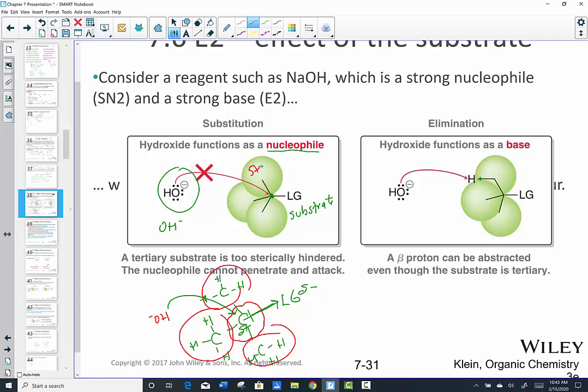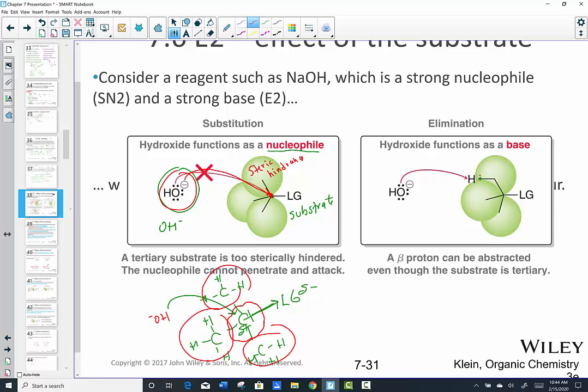So this is sterically hindered, and therefore I can't get to this target. Even though I have a nice small base here, or a nice small nucleophile, it still is being prevented from getting into a successful collision of that tertiary carbon there.